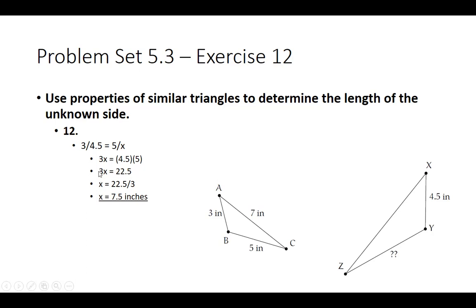And dividing both sides by 3 gives us 7.5 inches as our unknown side. You could have also set up the proportion as 5 over 3 is x over 4.5, or 3 over 5 is 4.5 over x.